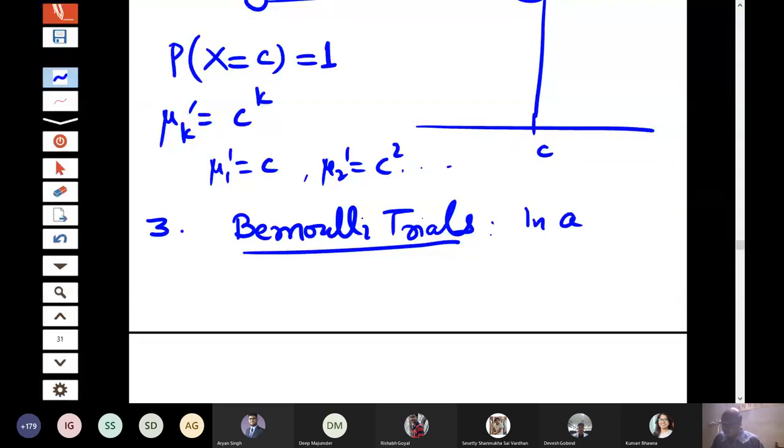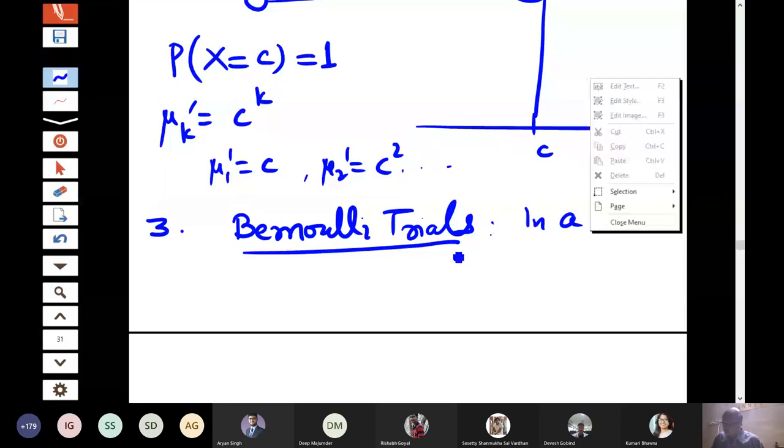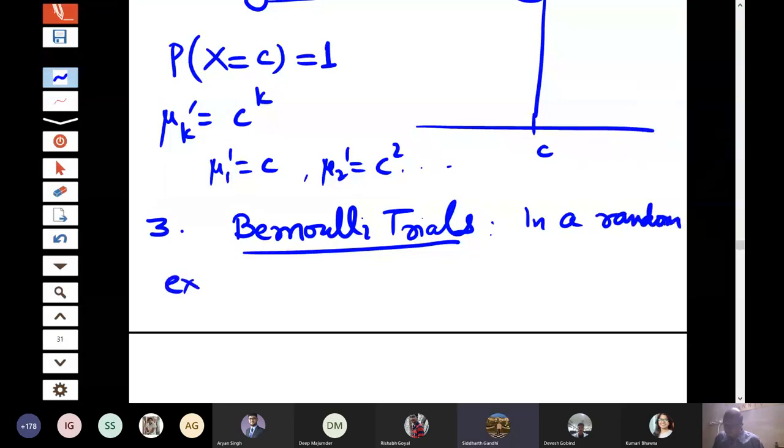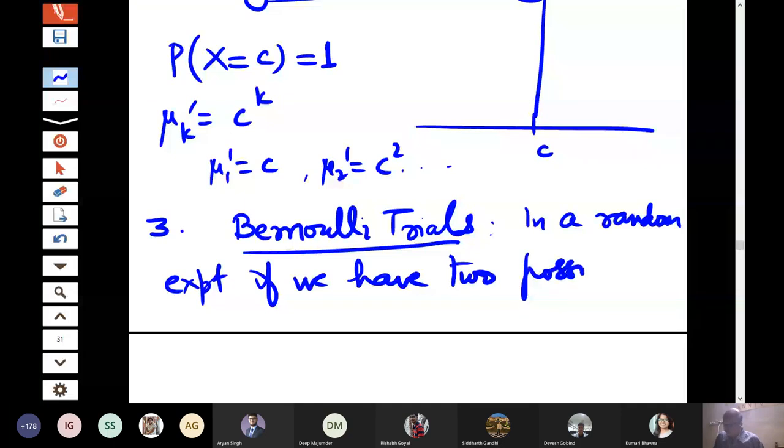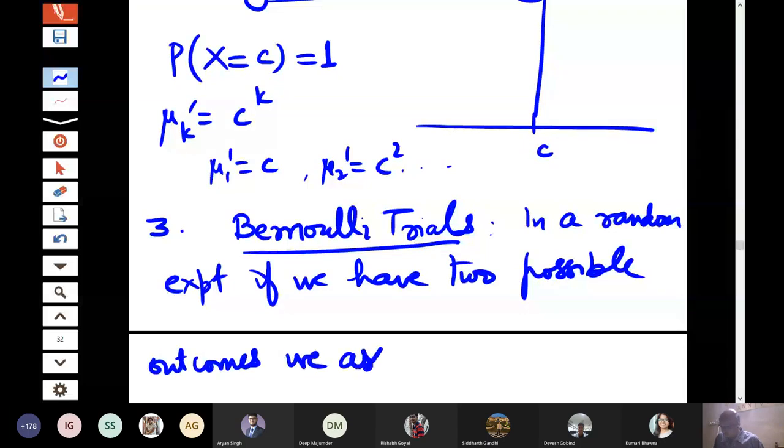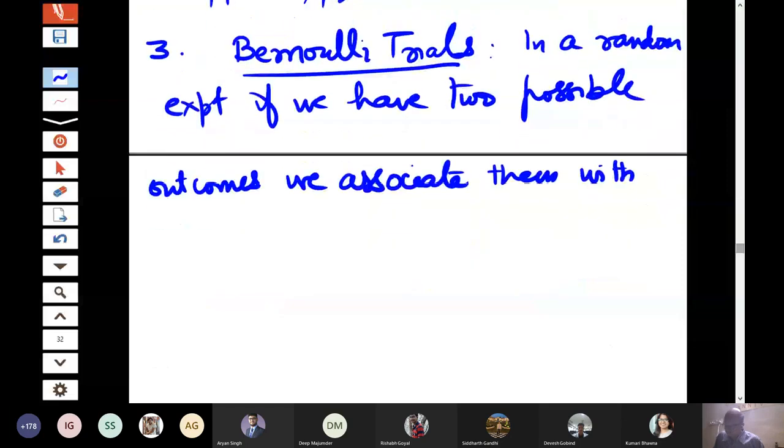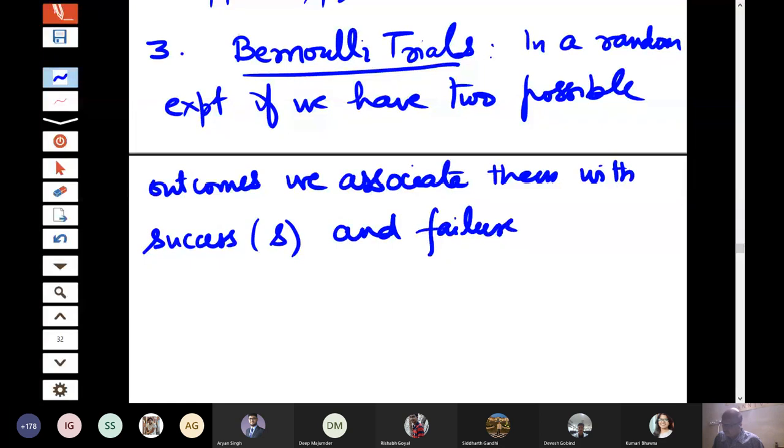In a random experiment, if we have two possible outcomes, that means your omega consists of only two outcomes.